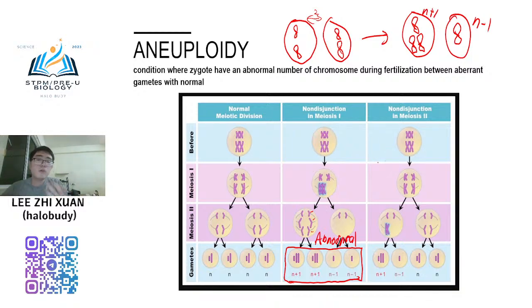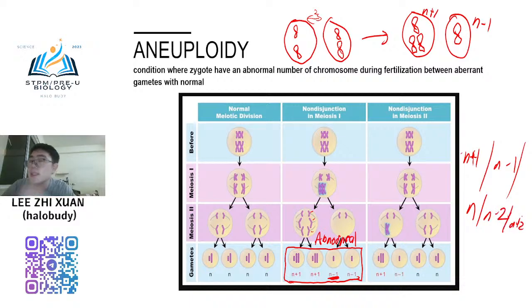And maybe in a structural question, they want you to draw or label this. After non-disjunction in meiosis 1, what will happen? What are the chromosome number changes: N plus 1, N minus 1, normal, or N minus 2, N plus 2, something like that. You must know all of that.